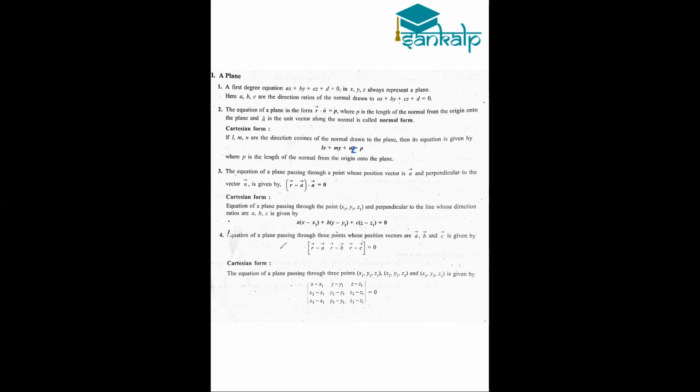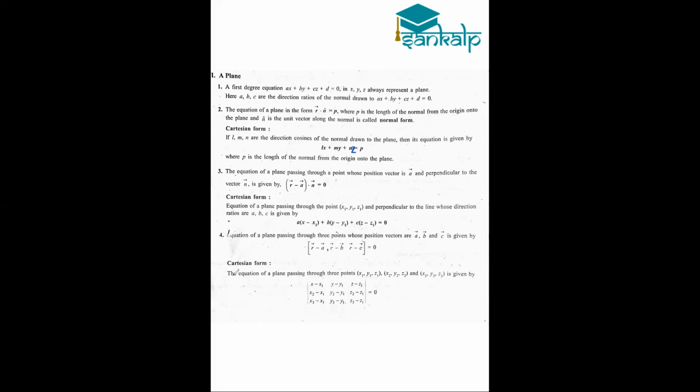Next, equation of the plane passing through three non-collinear points, whose position vectors are a, b, and c is given by r minus a, r minus b, and r minus c equal to 0.